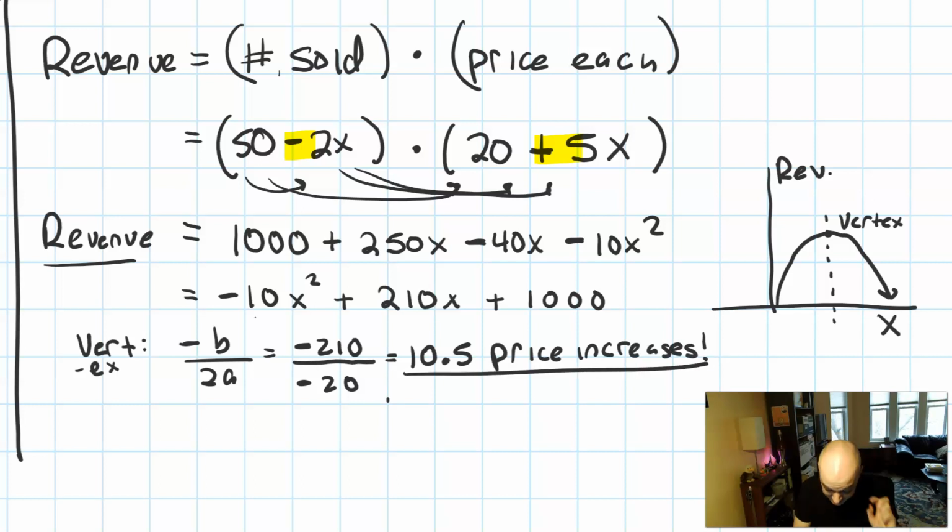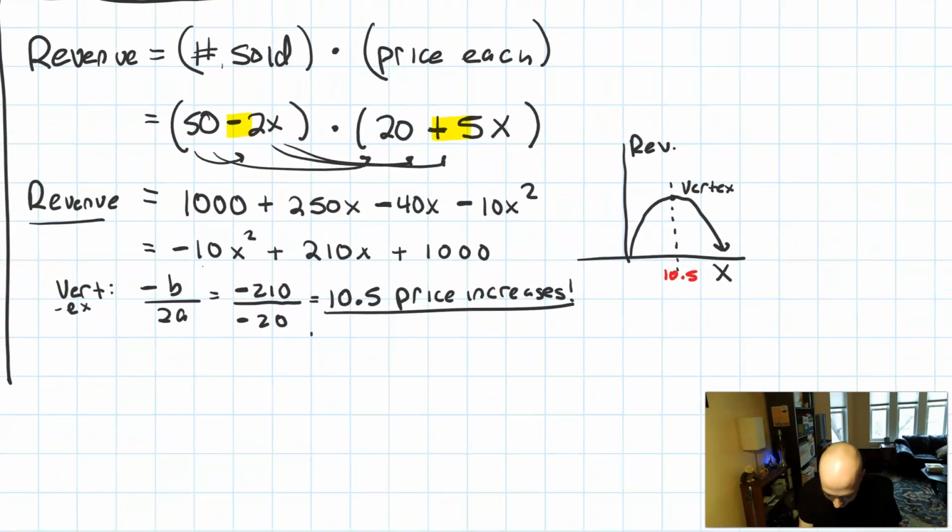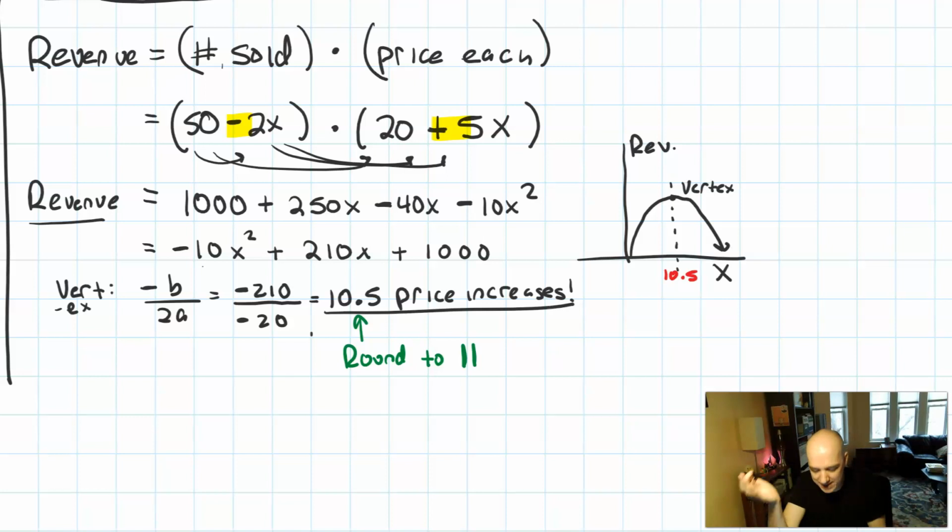Now, something interesting has happened here also, which is that the vertex happens at 10.5. It's not clear in the problem if I'm allowed to increase the price half a time. So I'll round to the nearest whole number of price increases. In this case, 0.5, you could actually go either way, but I'll round to 11 increases.